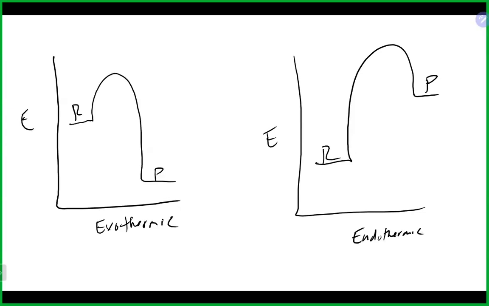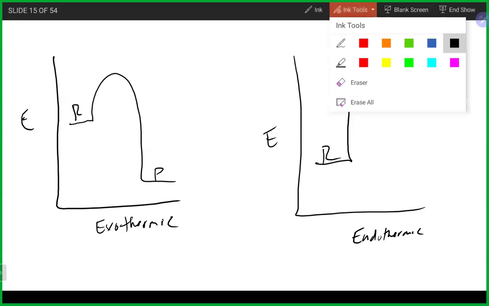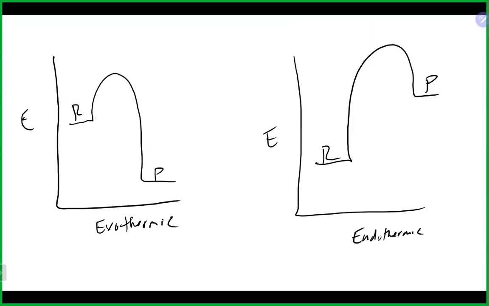Okay, so there's a couple of really important parts to these curves as well, and it has to do with that hill. And if we look at that hill, which is basically where the reactants start in energy, the very top of that hill is what is known as the activation energy. And that is sometimes abbreviated as E_A. The activation energy is the minimum amount of energy that's required for a reaction to take place.